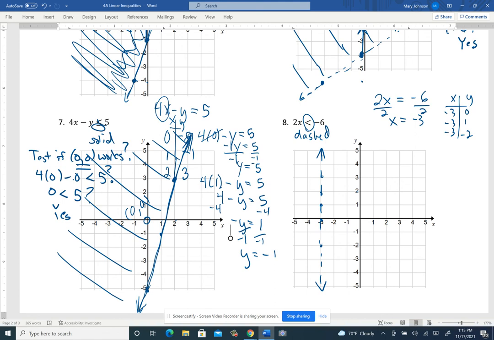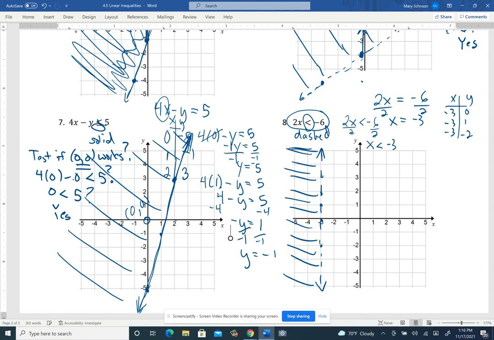Now you probably don't really have to use a test point for this, because isn't that right there 2x less than negative 6? If I divided by 2, it's a positive number. It wouldn't change the inequality. Wouldn't I have x less than negative 3? If I need my x's to be less than negative 3, you probably don't need to use a test point. Can't you just see that it would be everything over here to the left side?